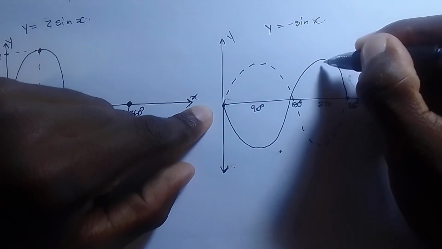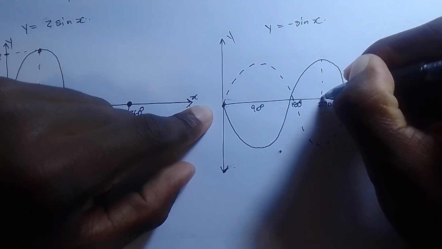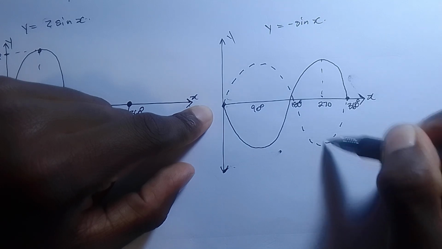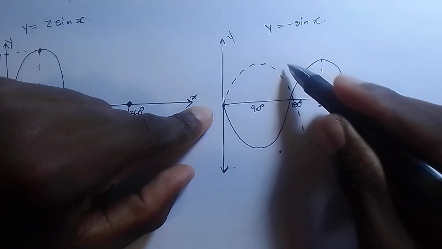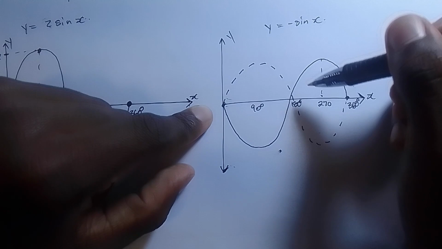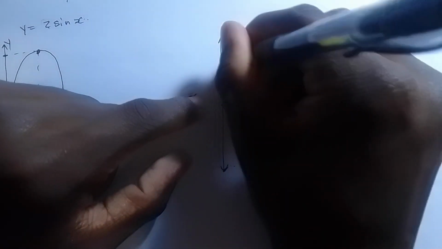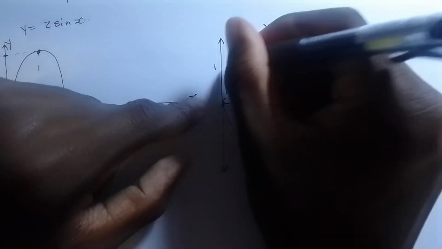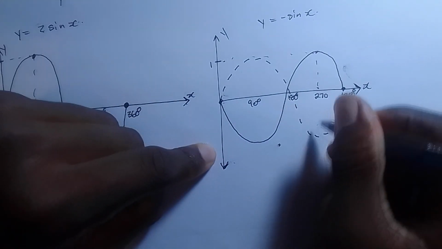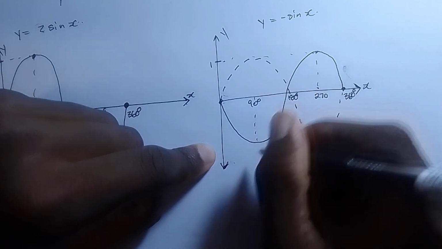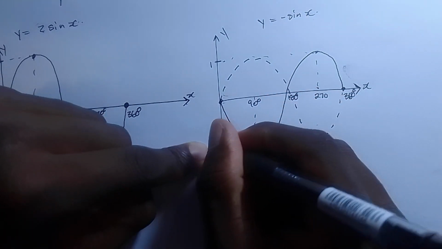This is now your new maximum. For the mother graph, it will be your minimum, since the mother graph is this dotted line. But for this one, it's going to be your maximum here. But your maximum is still going to be 1. It's not going to change. And your minimum is now here at 90 degrees. And it's going to be negative 1.